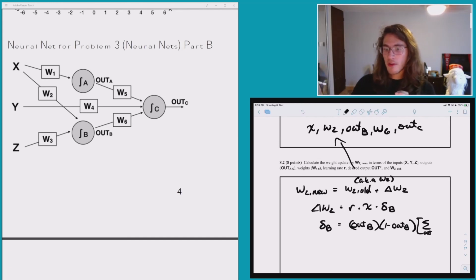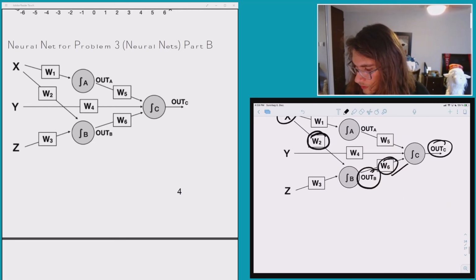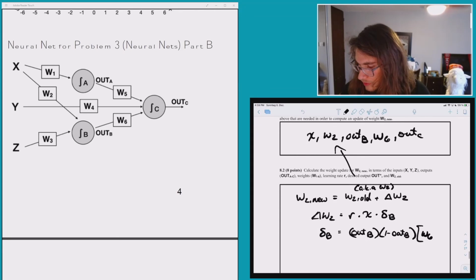Thankfully, there's only one, neuron C. So let me erase this and just write here W6 times delta C.